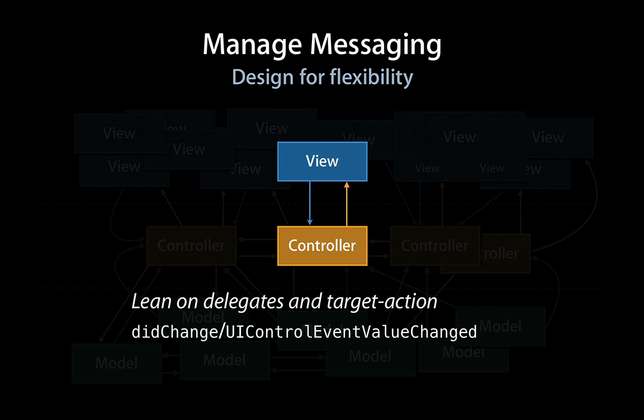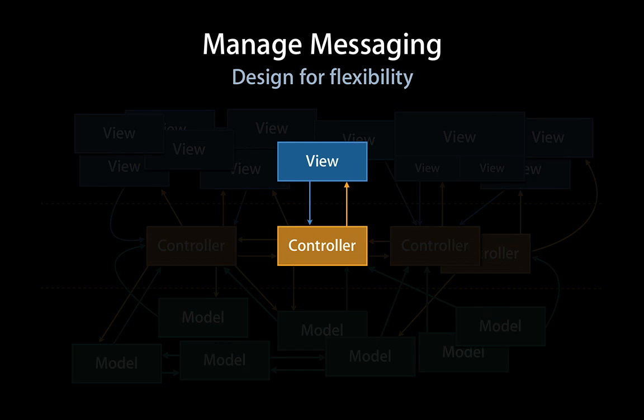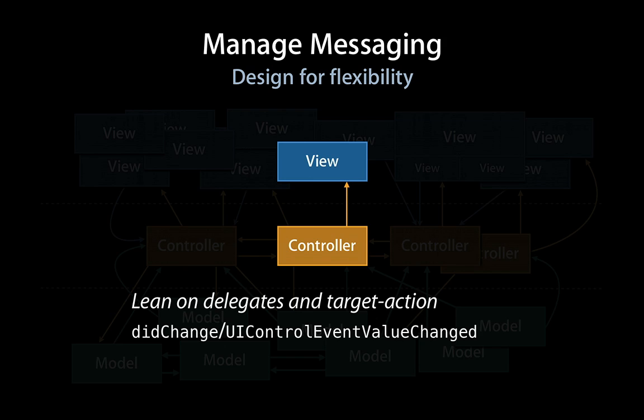Next, look at view and controller. Lean on delegates and target action, as I've already talked about. A good example of this is that if you have a view that's a control, you'll get a did change method, or perhaps a UIControlEventValueChanged notification. And really what that will help you to do, this is going to be a small change to this slide, but that blue arrow from the view to the controller really goes away because it becomes more system managed.